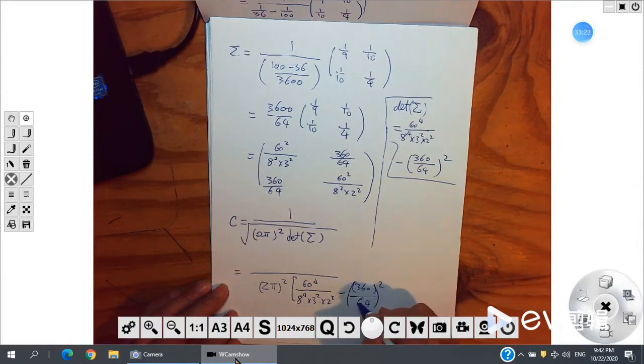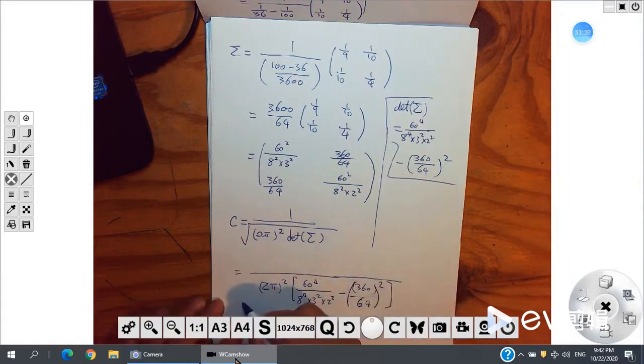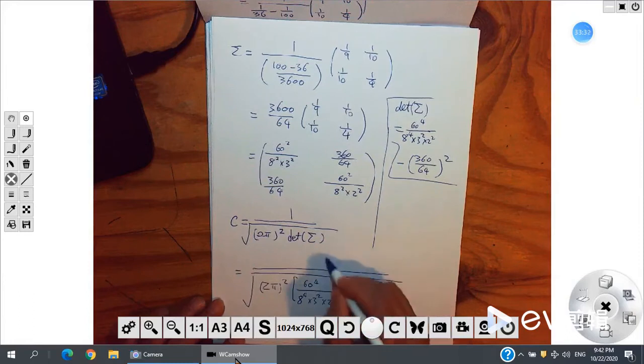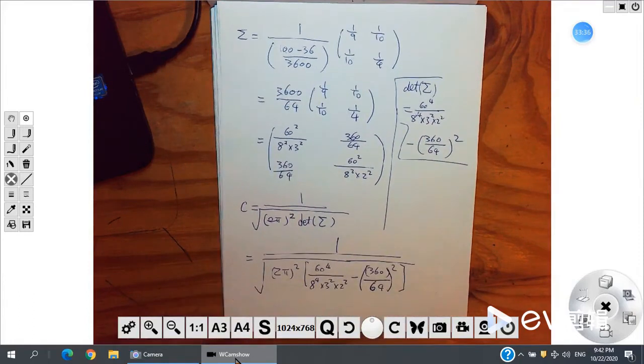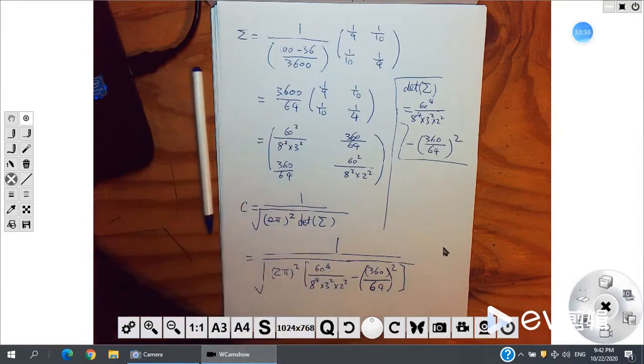We have these. Okay, so this is a denominator and take square root. It's this one. Okay, this is long. We can try to use MATLAB to calculate.